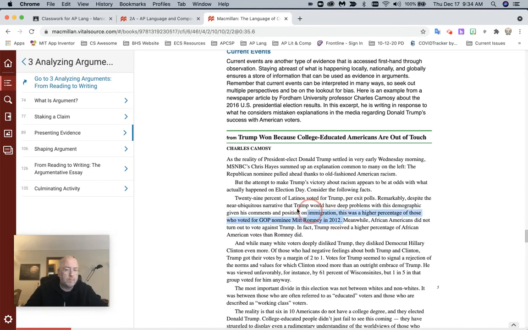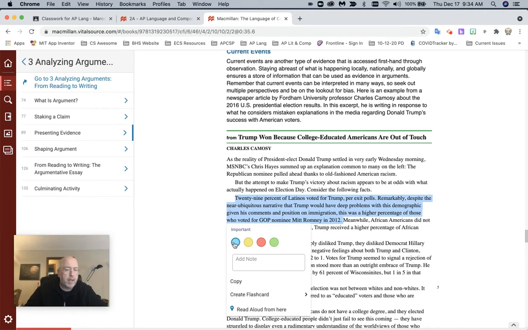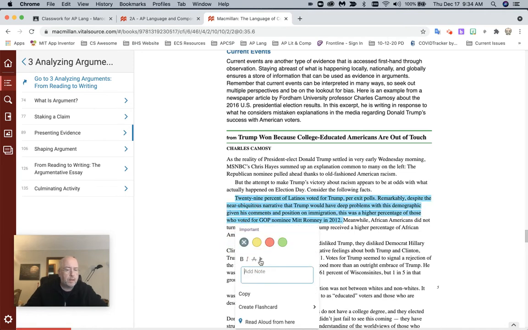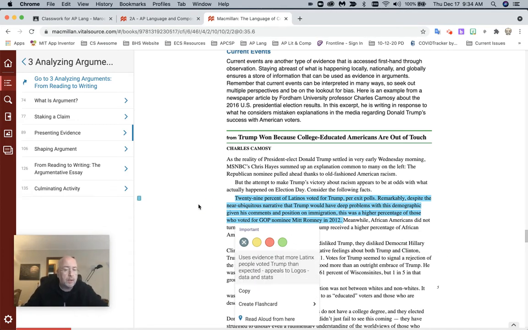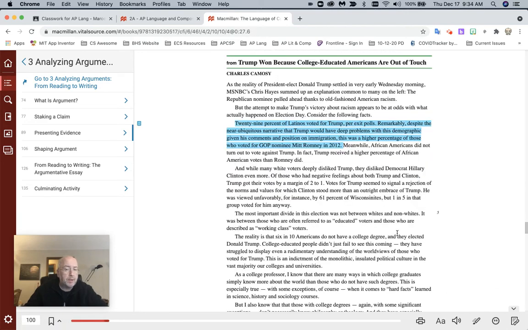So, in other words, he uses evidence that more Latinx people voted Trump than expected. Appeals to logos, data, and stats. All right, so for me, that's an appeal to logos. Right, so I'm going to click off of that. So that's an appeal to logos.